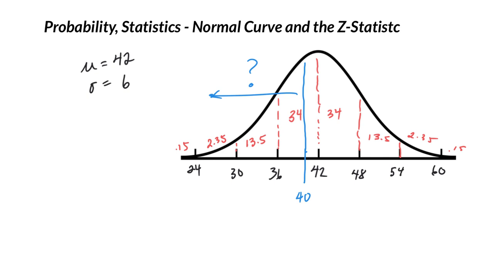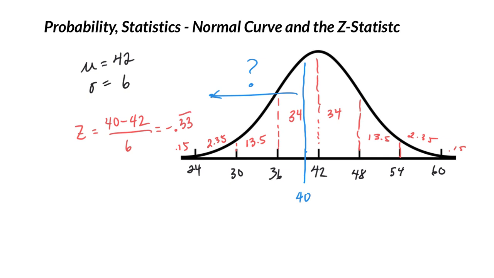So if you'll remember, the Z-statistic is the value we're interested in minus the mean divided by the standard deviation. Well, we're interested in 40, so I'm going to put that in here. 40 minus 42 is negative 2, divided by 6 is negative 1/3, or 0.33 repeating.